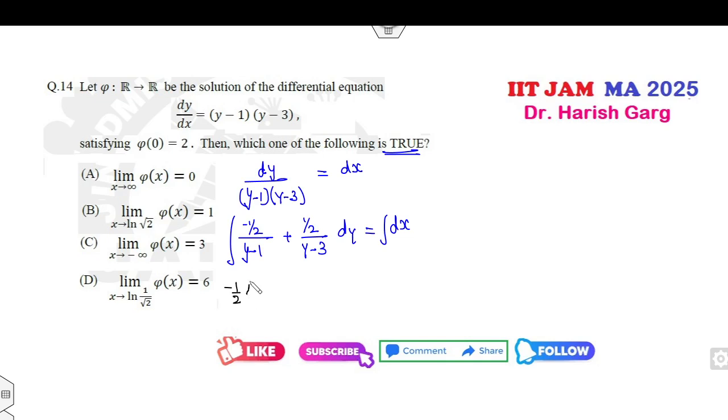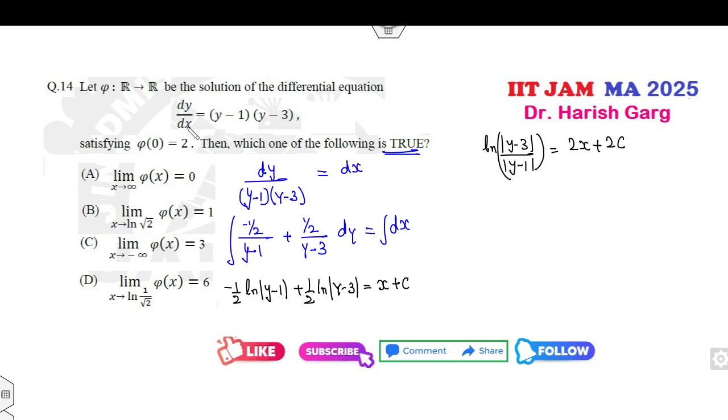It is minus half ln of y minus 1 plus half ln of y minus 3, which is x plus c. So half is common, and you can write it as ln of (y minus 3) divided by (y minus 1), which is 2x plus 2c.